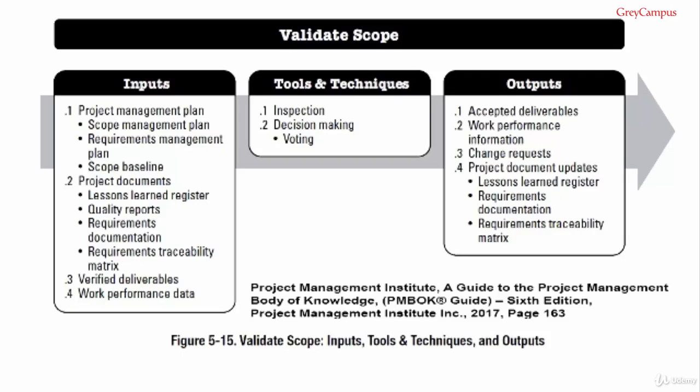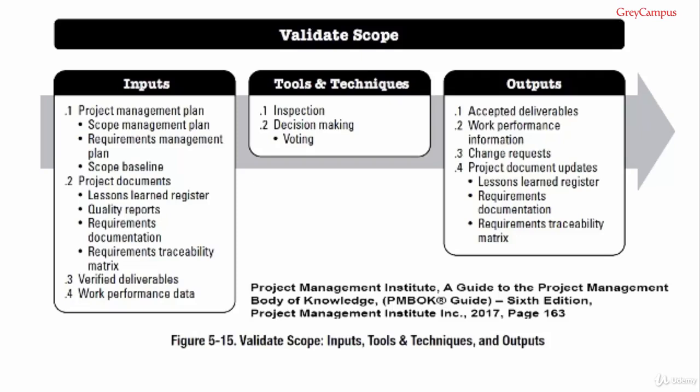In earlier versions of the PMBOK guide, this process was called scope validation, which made it much easier to make this mistake. Output number 2 is work performance information, which includes details of accepted deliverables as well as rejected deliverables. Number 3 is change requests, which are related to deliverables that have not been accepted, and why, along with information about what needs to be done to make them acceptable.